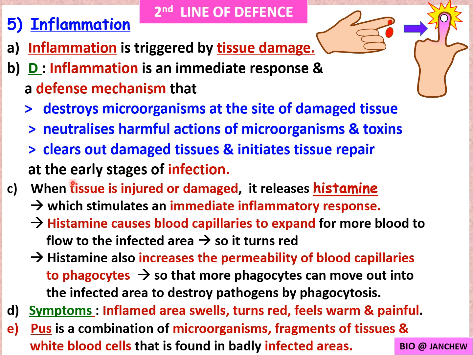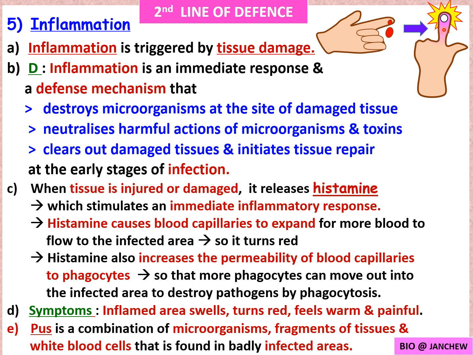Now, other than phagocytosis and fever, another component in the second line of defense is inflammation. So what is inflammation? Well, when someone gets a cut, let's say on the finger, at first there's bleeding. Blood will flow out, and after a while, the area will become red, swollen, and painful.